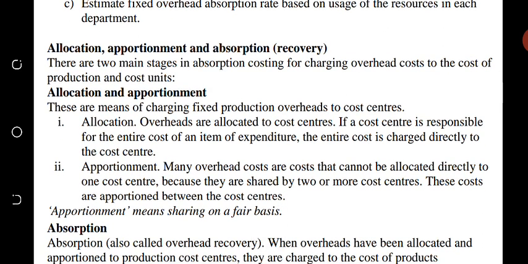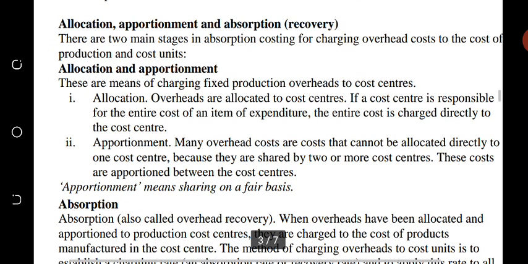Now let's talk about allocation, apportionment, and absorption. There are two main stages in absorption costing for sharing overhead costs to the cost of production and cost units. So we have the allocation and absorption.